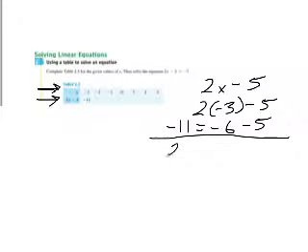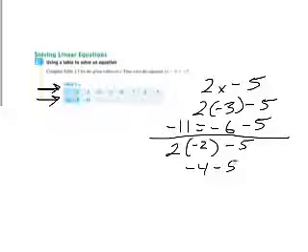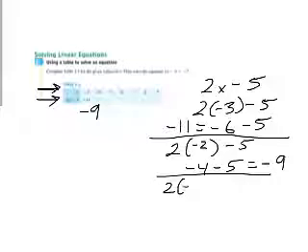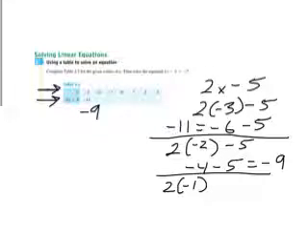Try 2 times -2 minus 5. We get -4 minus 5, which equals -9. So this one's -9. The next one, -1: 2 times -1 minus 5.